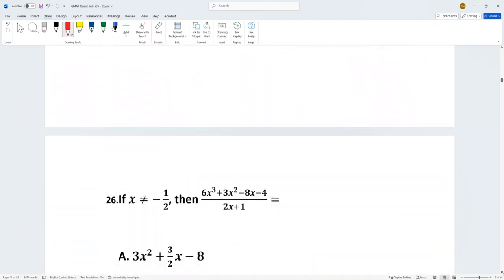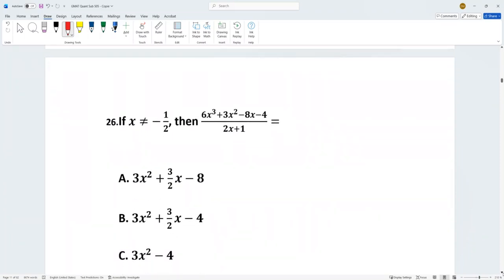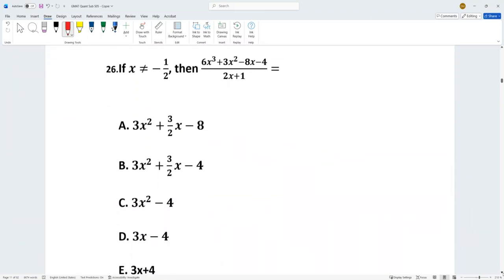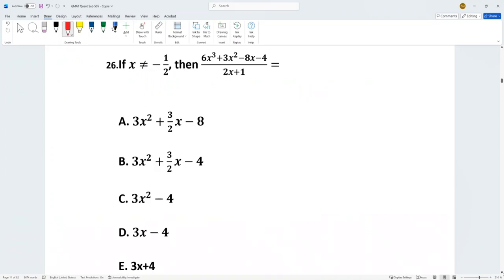Question number 26 says, if x is different from minus 1 over 2, then 6x to the power 3 plus 3x to the power 2 minus 8x minus 4, over 2x plus 1, is equal to what?